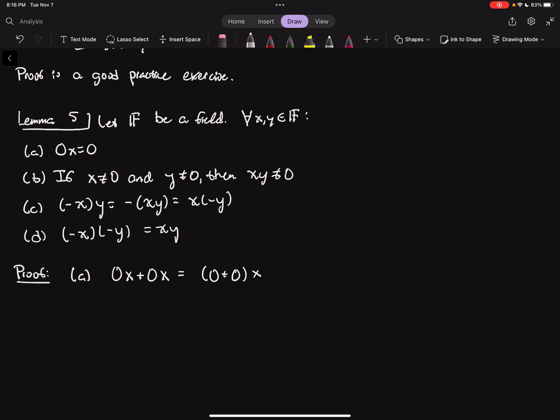But 0 plus 0 should just be 0, right? So this is just 0x. Okay, and now we can subtract off a 0x from here and from here, and we're left with 0x equals 0. Okay, so that's not bad.